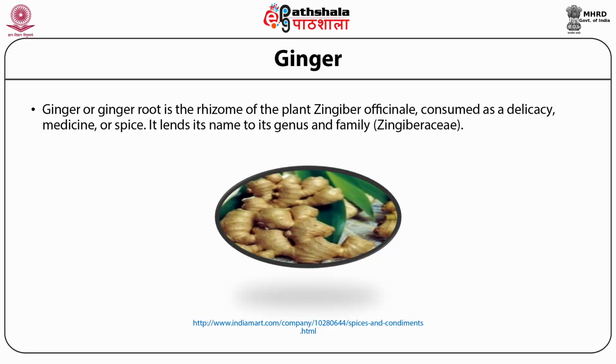The useful part is the thick branching rhizome that's used fresh, whole, or in dried powder form. Volatile oils are gingerols and shogaols. Culinary uses include curries, vegetables, meat, fish, marinades, chutneys, pickles, and tea.